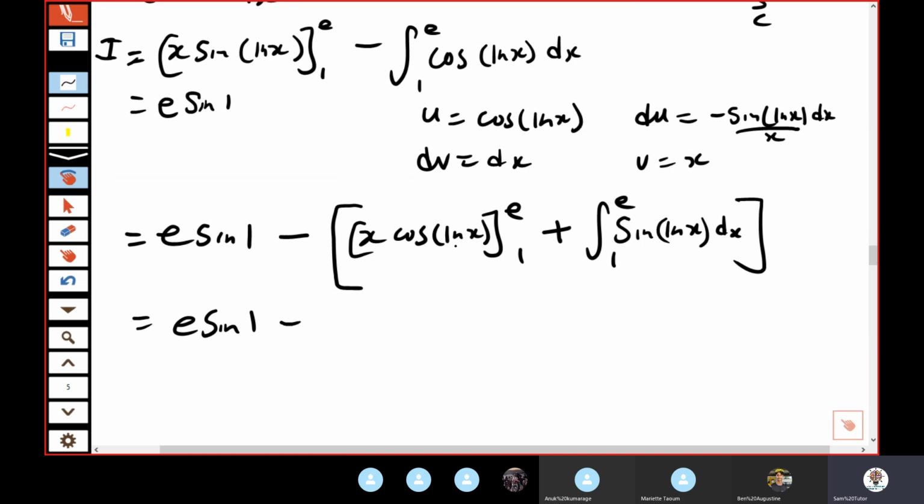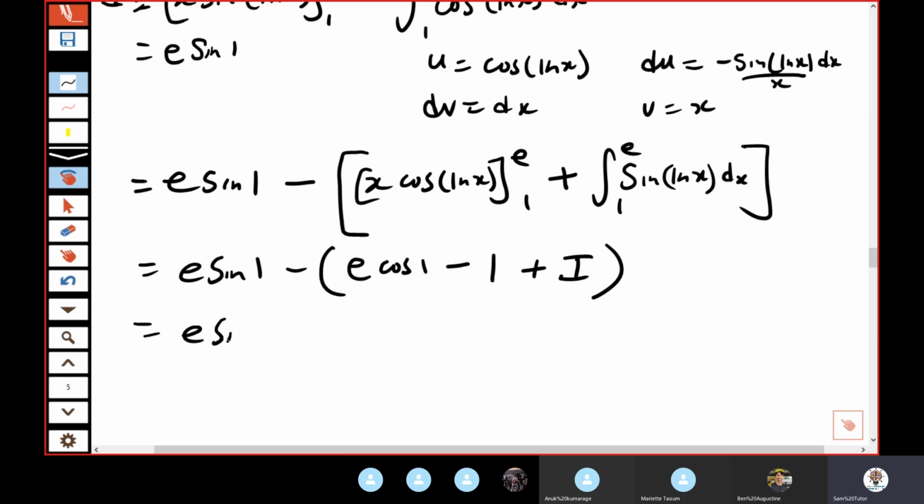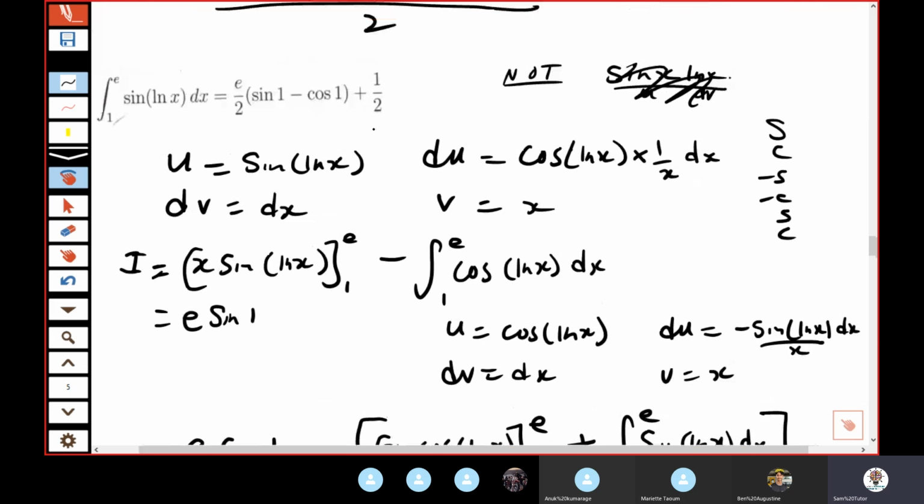e sin 1 minus, open bracket, for this one it becomes ln e. ln e is 1, cos 1, so this becomes e cos 1. ln 1 is 0, so cos 0 is 1. 1 times 1 is 1, minus 1, plus I. Next line, e sin 1 minus e cos 1 plus 1 minus I. Bring the I over, 2I equals e, and then just go back up, make sure you got the plus 1.